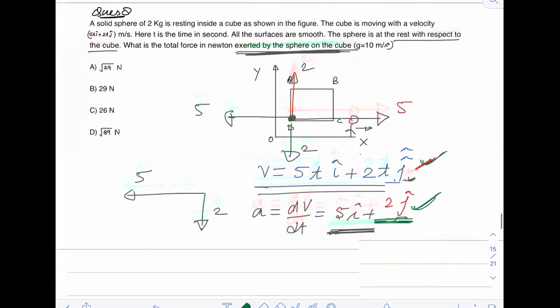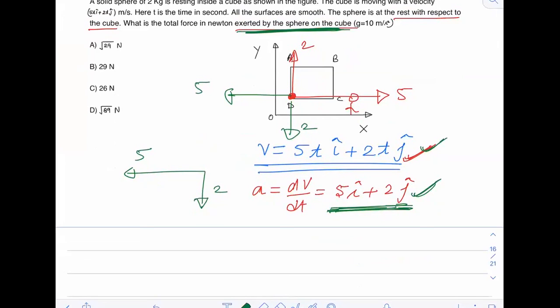Now, there will be one more acceleration, that is 10 meter per second square. So total force due to sphere, what will it be? Will it be 5 square plus 12 square under root? Yes.